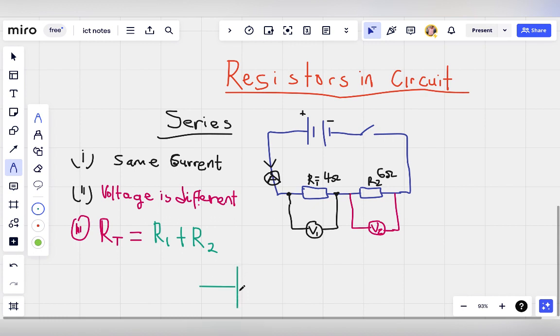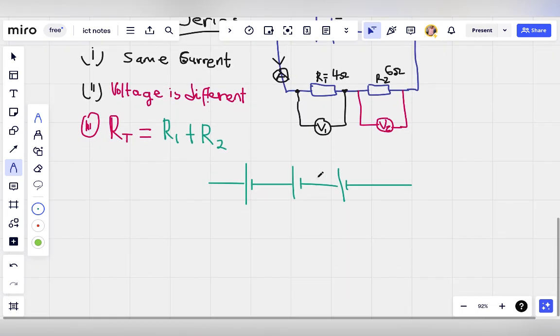If I have cells in series in a circuit, each one is 1.5 volt, what is the total voltage from the EMF of the cells? V1 is 1.5 volt, V2 is 1.5 volt as well, and V3 is also 1.5 volt.